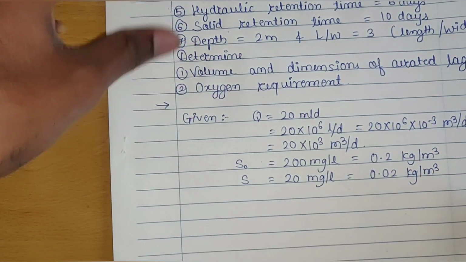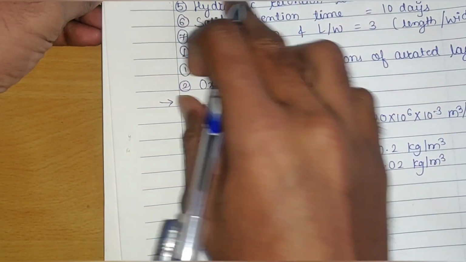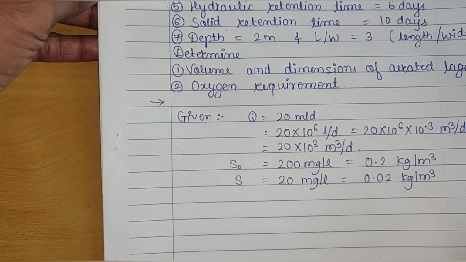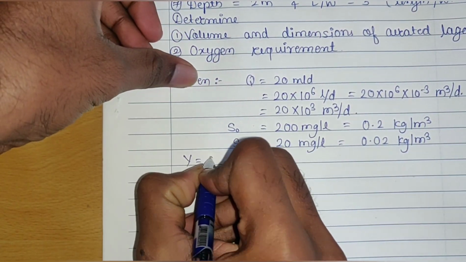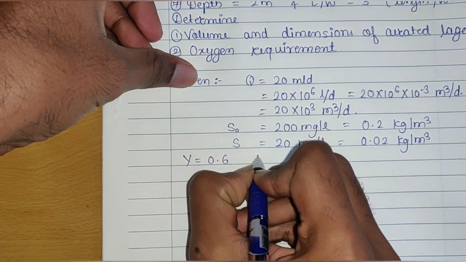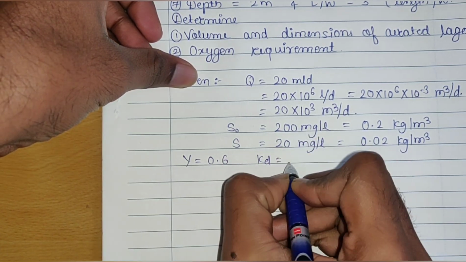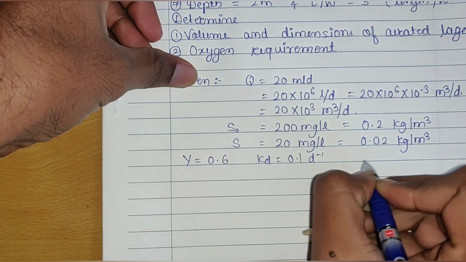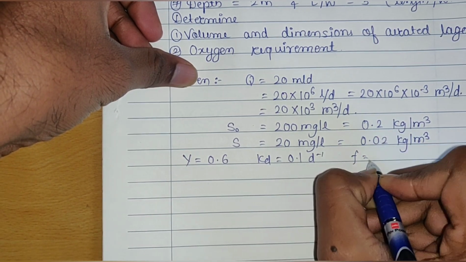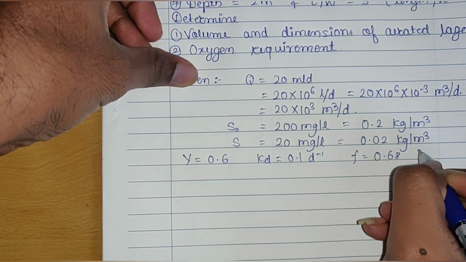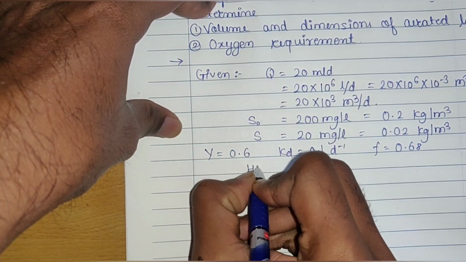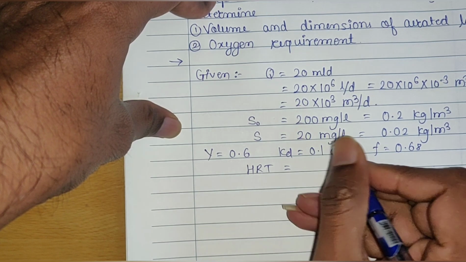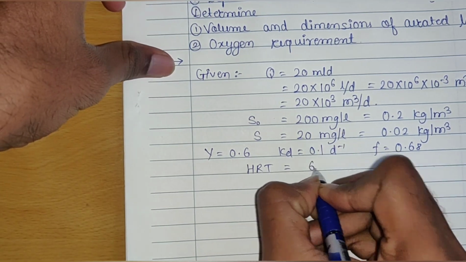Okay. Then again kinetic constant values are given. Capital Y, yield coefficient, 0.6. Kd is given as 0.1 per day. Small f is given as 0.68. Then next, HRT is given. Hydraulic retention time is 6 days.